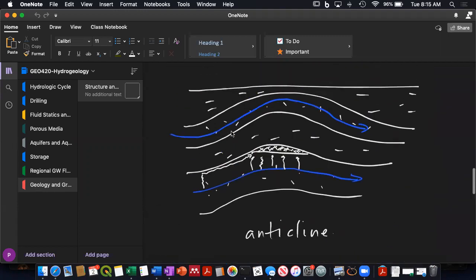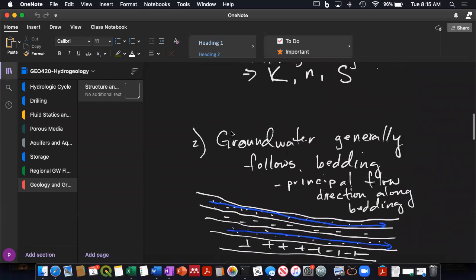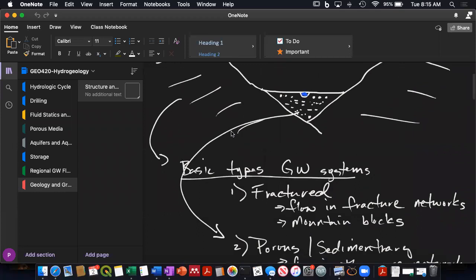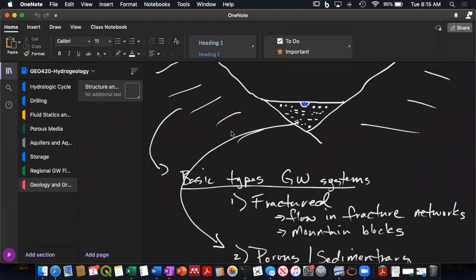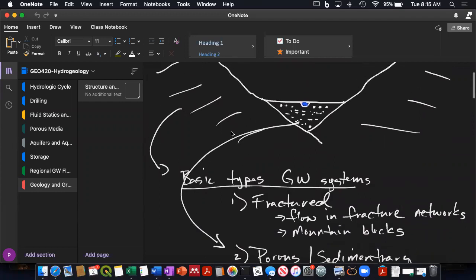So as a brief reminder, we had started talking about geology and groundwater and about how the geologic history controls what kind of groundwater systems we might expect, right?